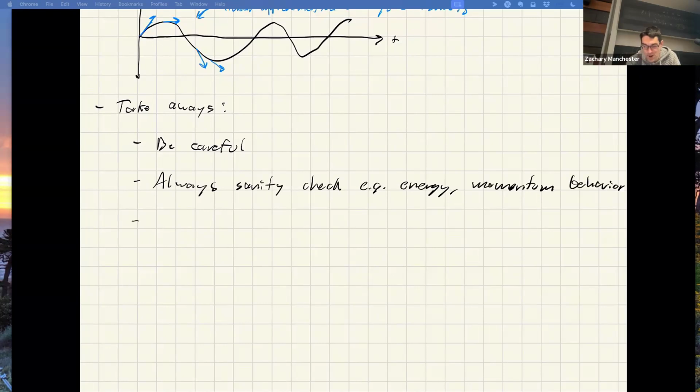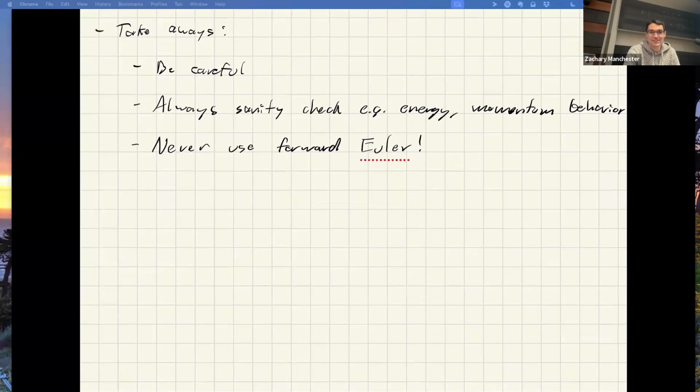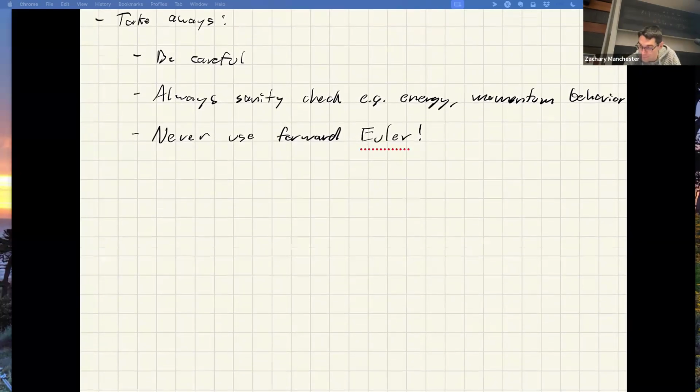And then, yeah, never use forward Euler for anything real. It is bad. One of my lessons. Okay, cool. So, any questions on that? Forward Euler bad, don't do it.